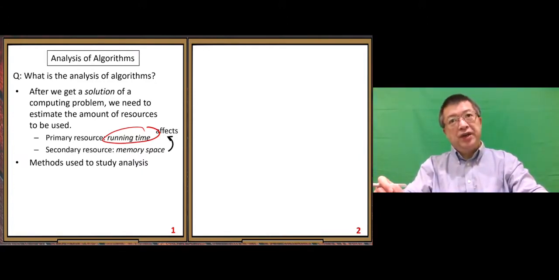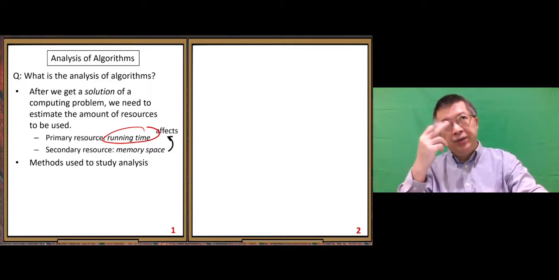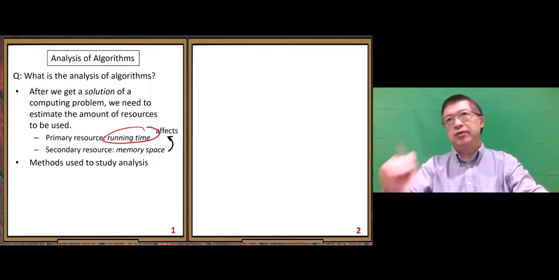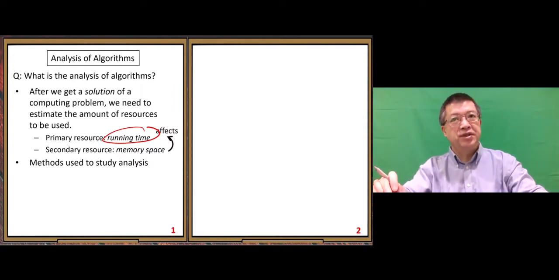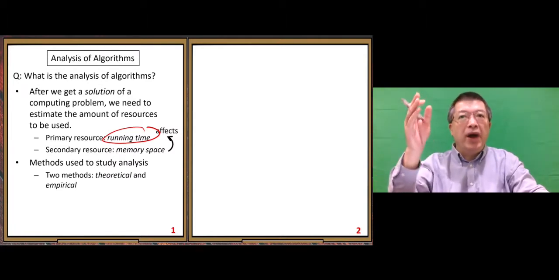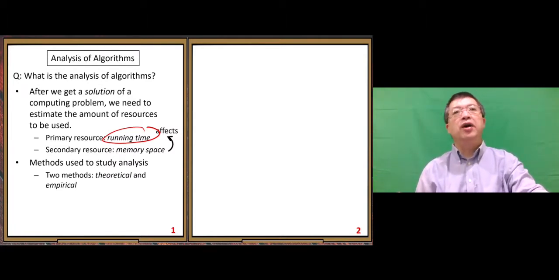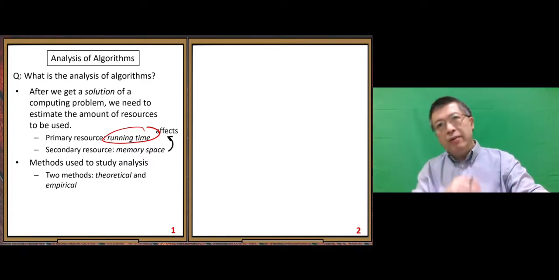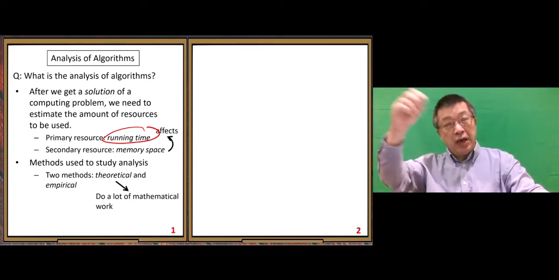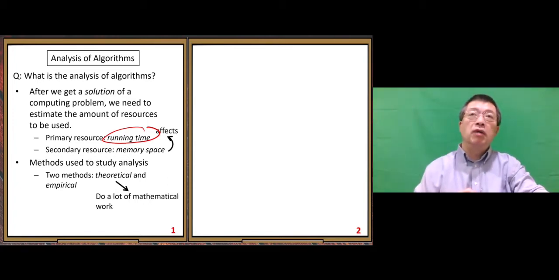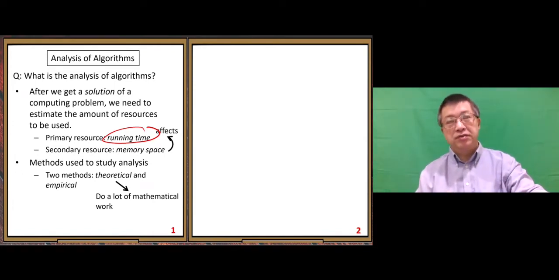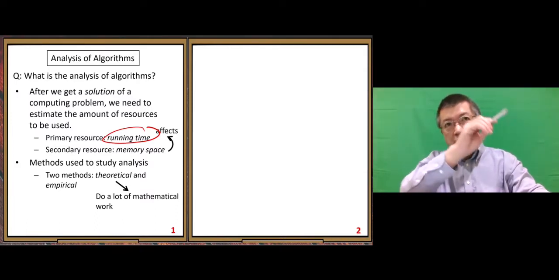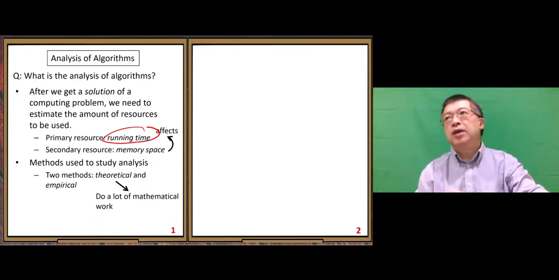Methods used to study analysis. Basically, two methods, and for this class we will use both. The first one is the theoretical method, and the second one is the empirical method. For the theoretical method, we will do a lot of mathematical calculations, so we need to apply the methods we learned in math.